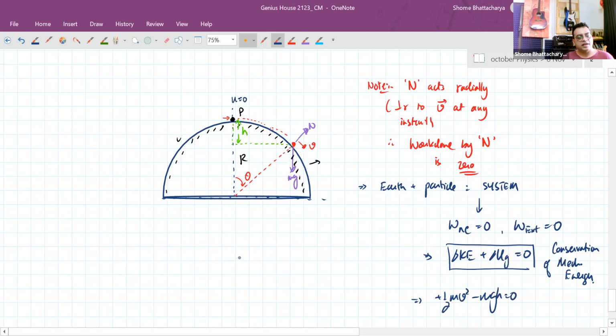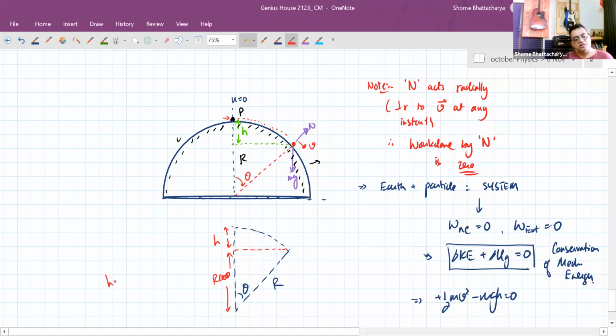And now from this triangle, you can see that, just draw this triangle separately. So this is our cos theta. This is h.